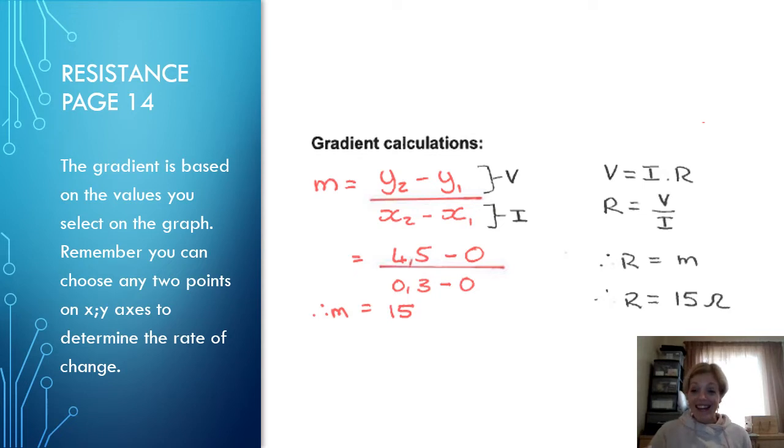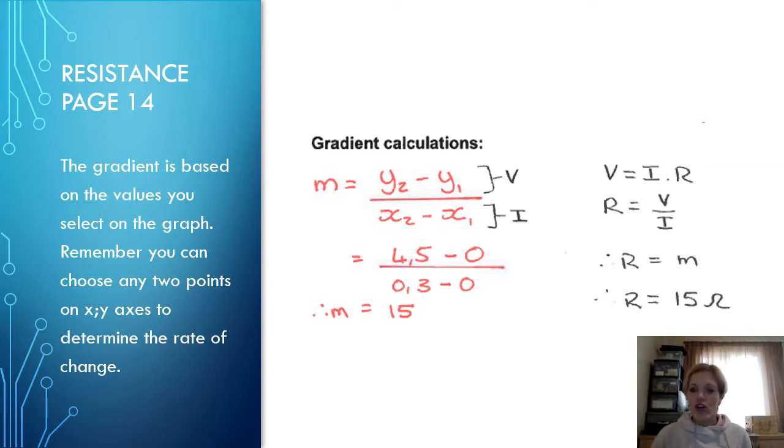So then the next line, you are going to write your substitution, which is going to be your 2 points. Guys, you can choose any 2 points. The 2 points we chose were the 4.5 volts and the 0 volts, and then for the x-axis 0.3 amps minus 0 amps.